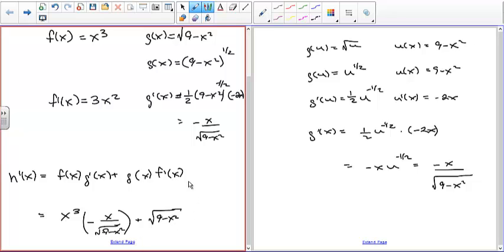And then I would multiply by 3x squared. There might be some confusion of where this square root ends, so I might put a parenthesis here just to be clear about that. So instead of having the square root of 9 minus x squared, 3x squared, I put this extra parenthesis in here.